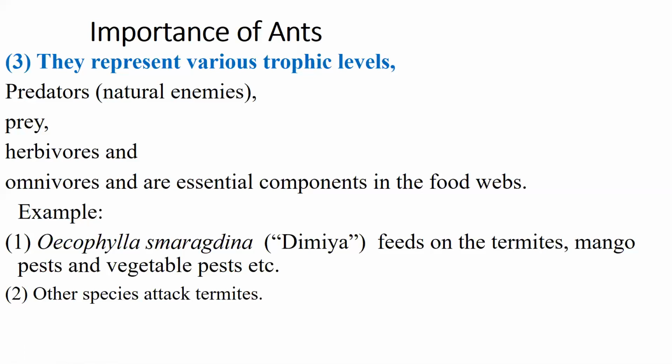I mean, that's not their major food when I talk about the snakes, but they do feed on insects. And monkeys feed on ants as well. And some ants are herbivores, some ants are omnivores.